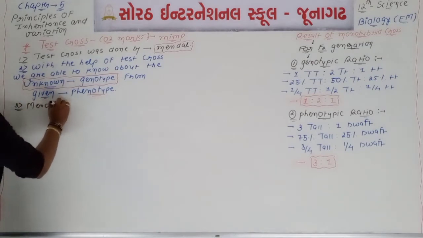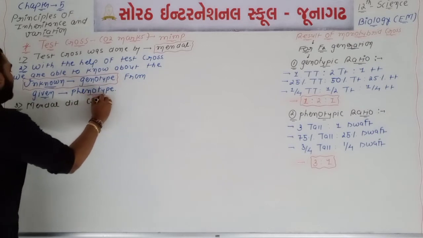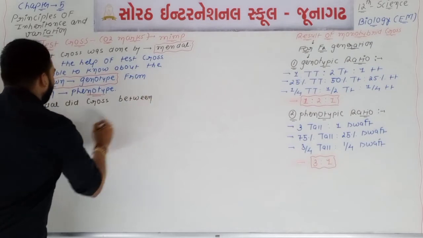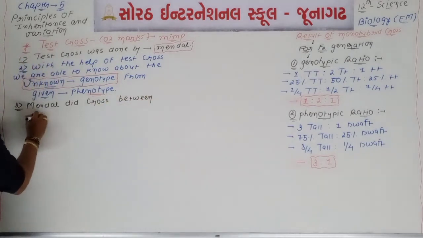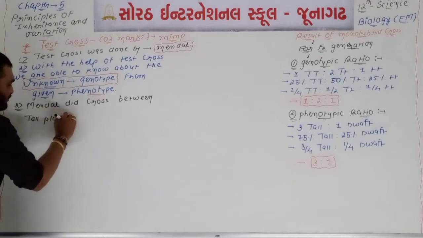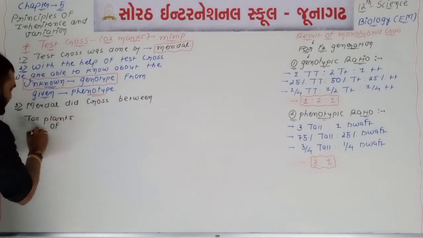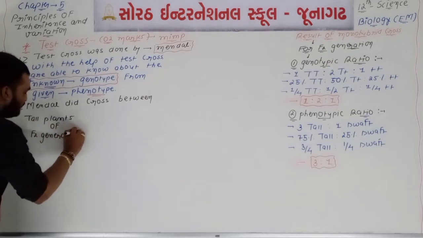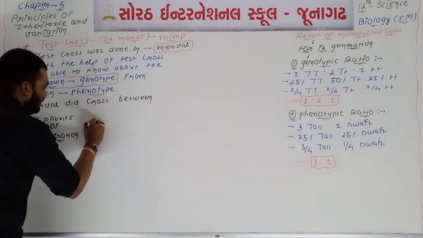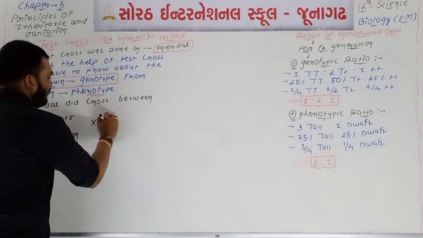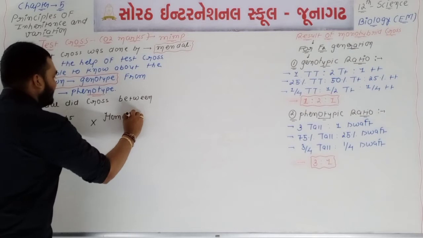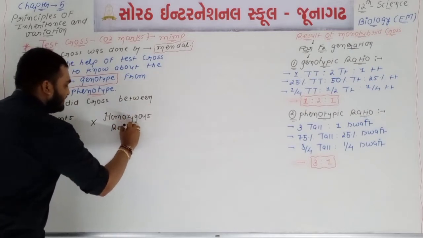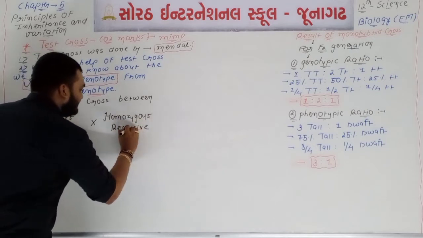Mendel did cross between tall plants of F2 generation with homozygous recessive.